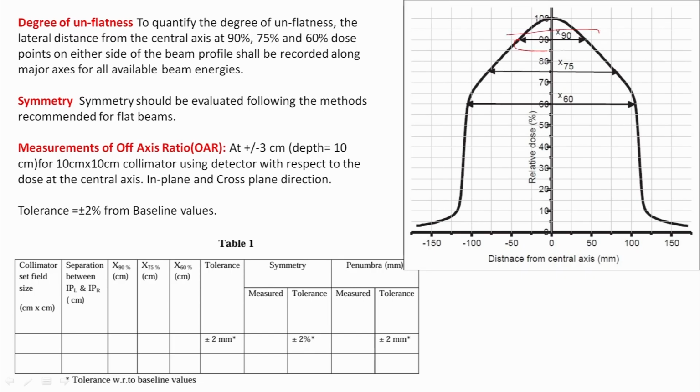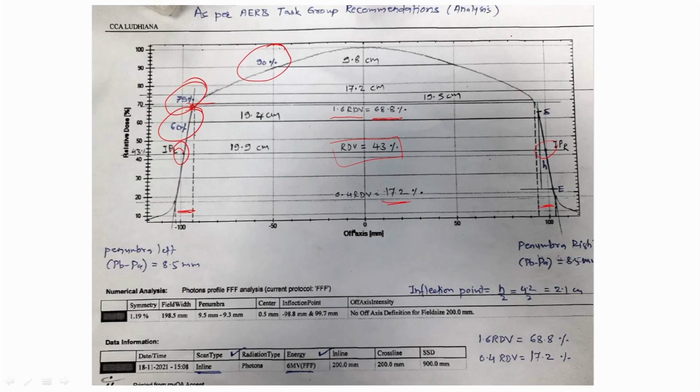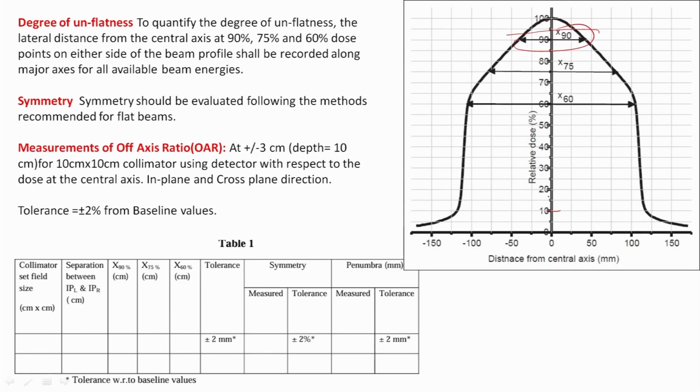The distance between these points at 90%. You can see here 10%, 20%, 30%, 40%, 50%, 60%, 70%, 80%, 90%. So at 90% you have to draw a horizontal line and measure a distance. At 75% measure a distance, at 60% measure a distance.